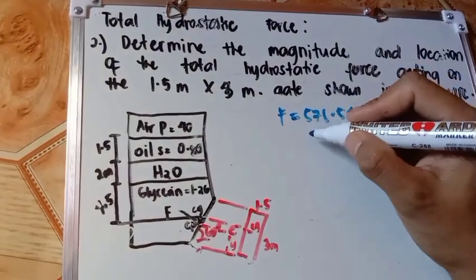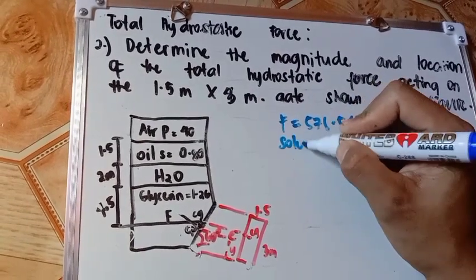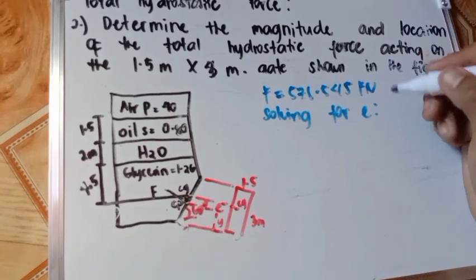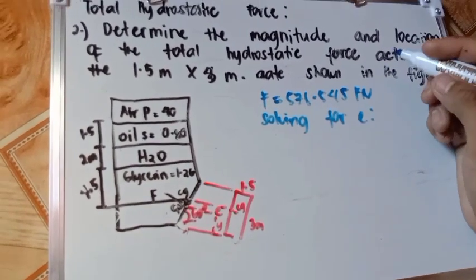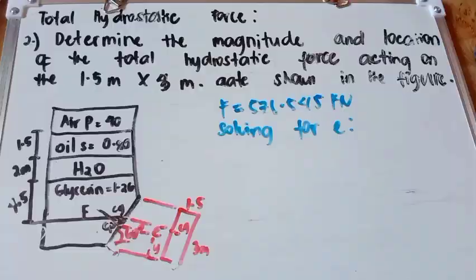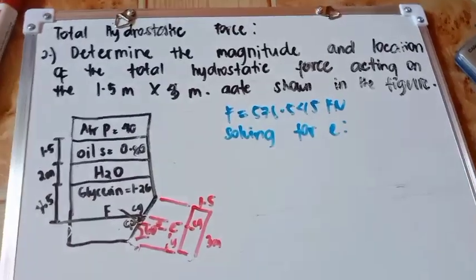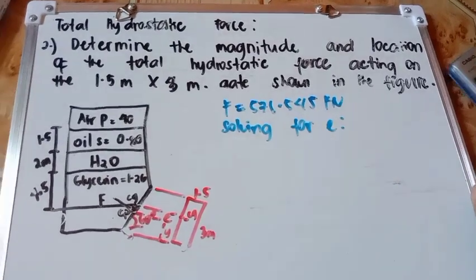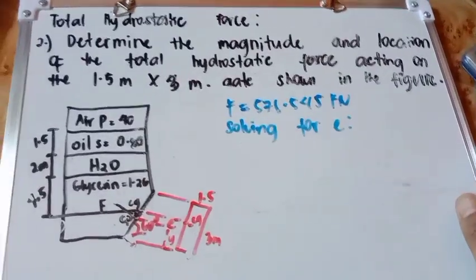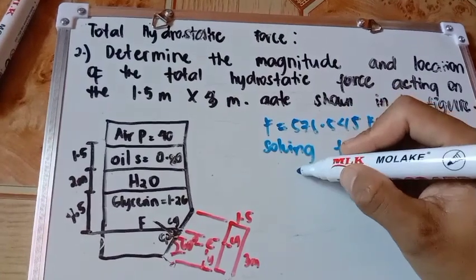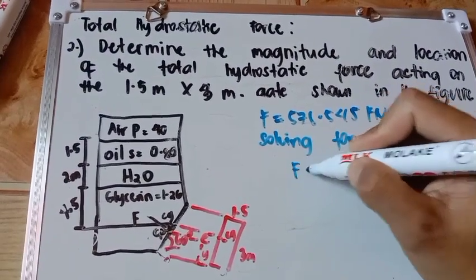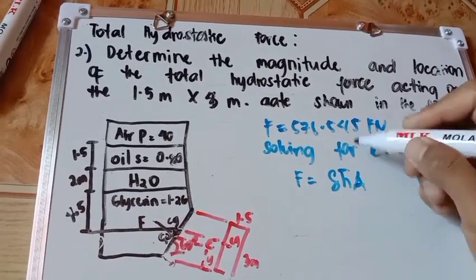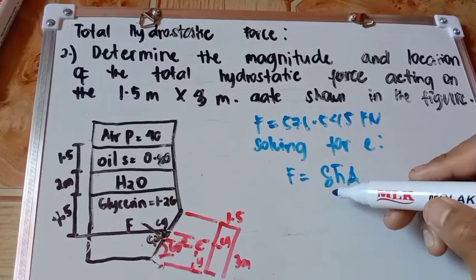So solving for E. Before na to makuha ang eccentricity, so ato sa pangitaon ang bar Y o bar H. So force is equals to unit weight times bar H times area. Since naa naman tayo force, so pwede ito mo gamit aning formula.